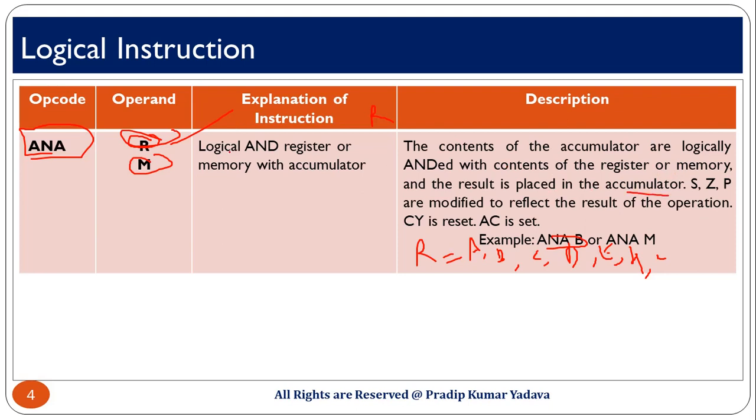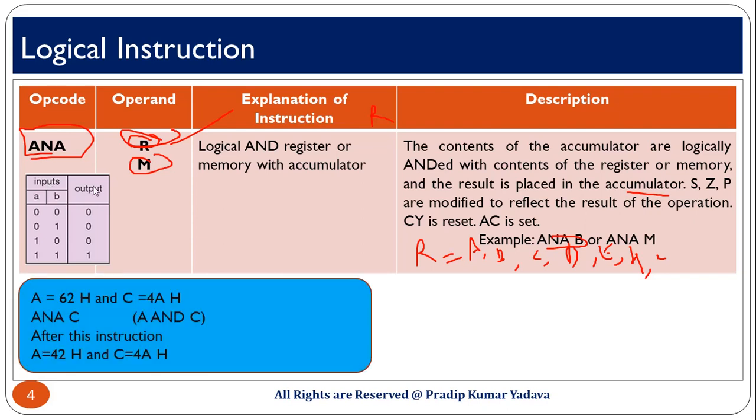Suppose you have written ANA B. So, just taking an example here, this is input, here output. This operation is performed by AND gate. So, here I have represented a table. By this table you can easily find out how AND operation works.